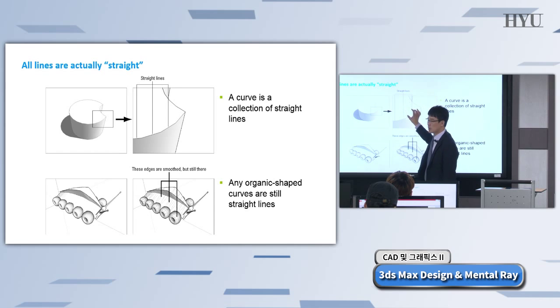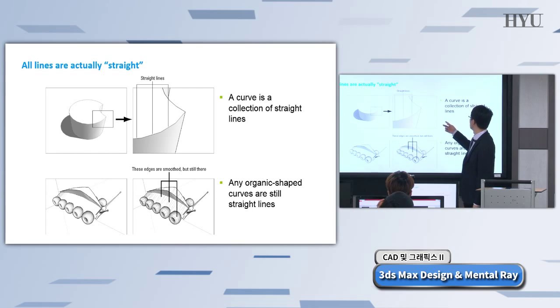If you put more segments, you remember last week for the tea part, if you put more segment numbers, that tea part is looking very soft, curved, but more lines, more definitions. In other words, bigger weight, file size, okay? Anyway, still they are straight lines, a collection of straight lines.